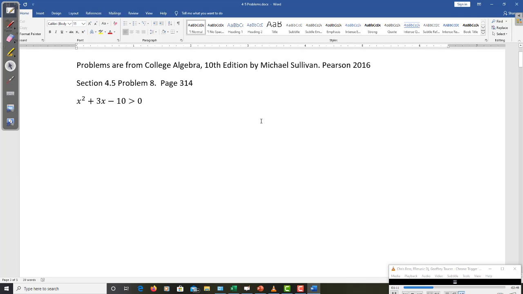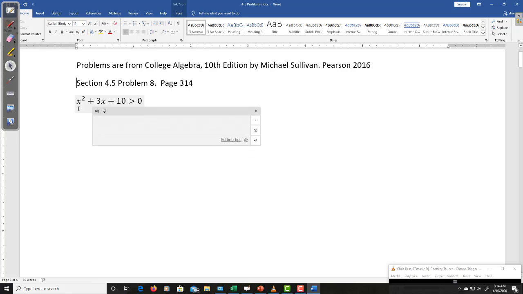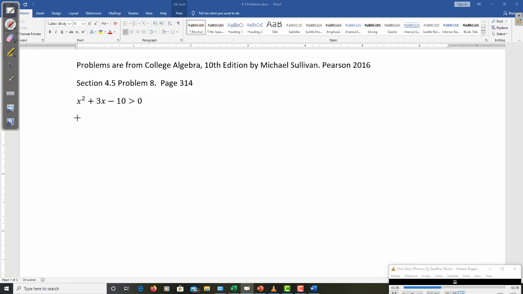Alright, so let's start off with problem 8 from the section. This is fairly typical as they go. We've got x squared plus 3x minus 10 is greater than 0. Note, this is actually a factorable polynomial, and we're actually going to solve it the same way as before up to a point.